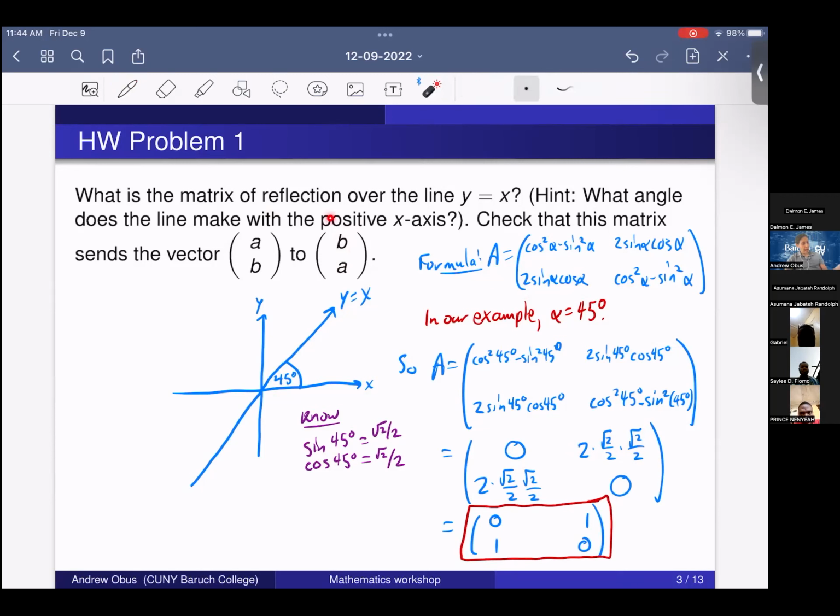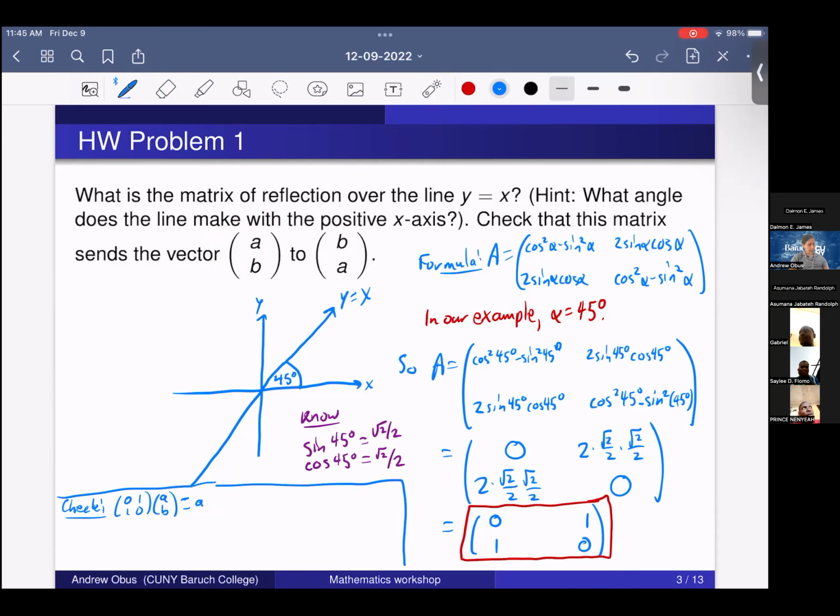And we want to just check that it sends this vector AB to a vector BA. So what's our check? I'm just going to write it over here. If I take 0, 1, 1, 0 and multiply it by the vector AB, I get A times the first column plus B times the second column, if we use the column method.